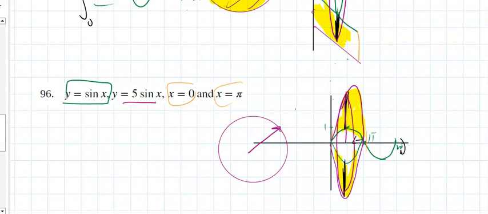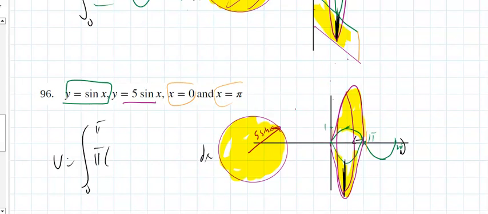That distance is 5 sine of x. If I say volume equals the integral from 0 to pi dx, and if I take that area right there, that is pi times 5 sine of x squared.